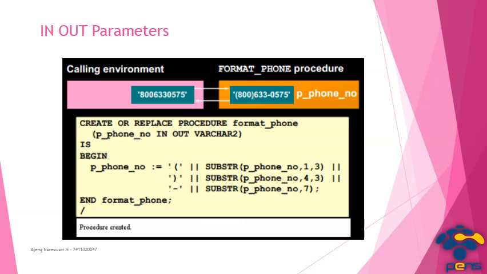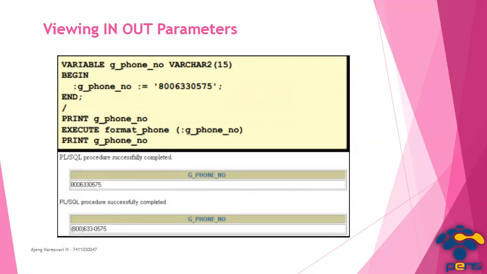There is a code that says create or replace procedure format_phone. In the brackets, p_phone_no in out varchar2 is begin p_phone_no is open bracket substr(p_phone_no, 1, 3), substr(p_phone_no, 4, 3), substr(p_phone_no, 7), and end format_phone, and then slash, and then procedure created.